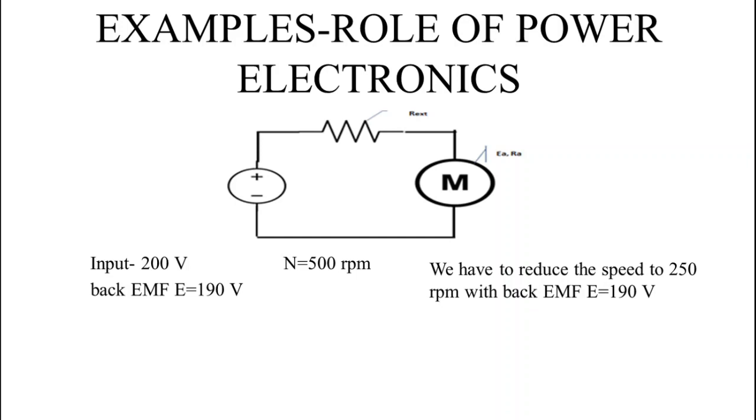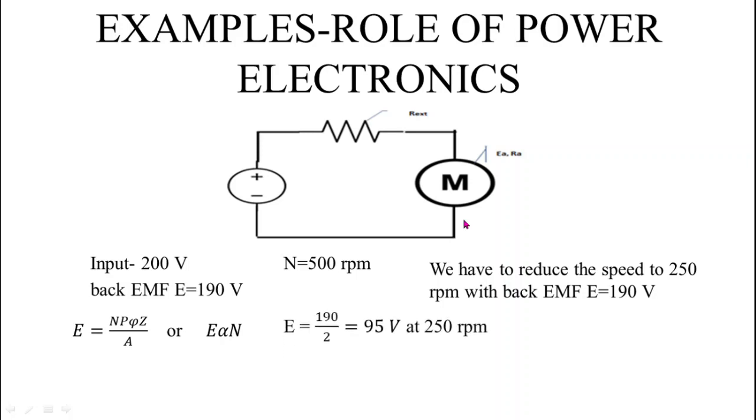For that we use a conventional method. And what is that conventional method? We connect an external resistance in series with this motor. We know that the back EMF of a motor is equal to NPφZ/A. So, keeping the flux constant, this back EMF is directly proportional to the speed of the motor.